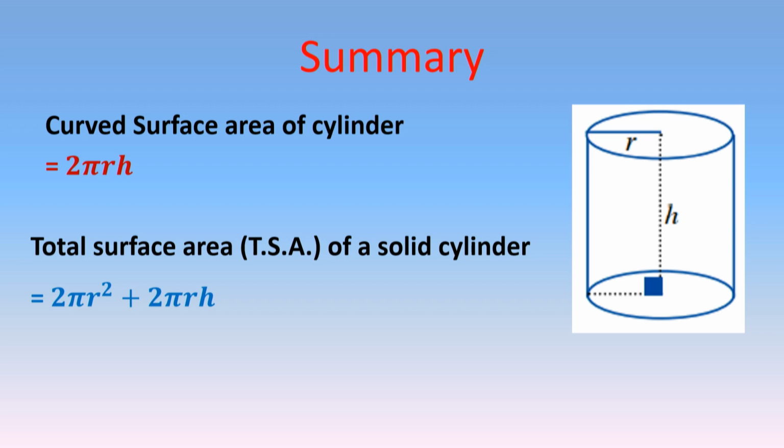So for solid cylinder, we have circles at the top and at the bottom. Otherwise, you need to be careful. If the cylinder is open at one end, we will have πr² only, plus 2πrh. And if the cylinder is open at both ends, then we will have only 2πrh.